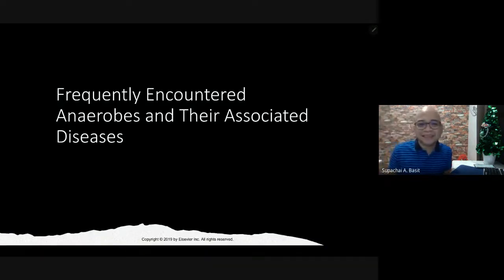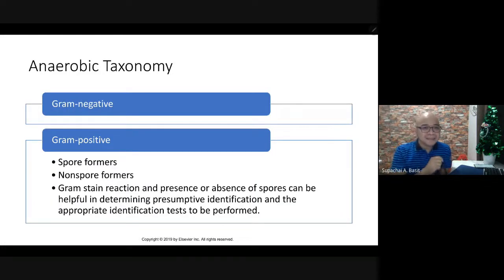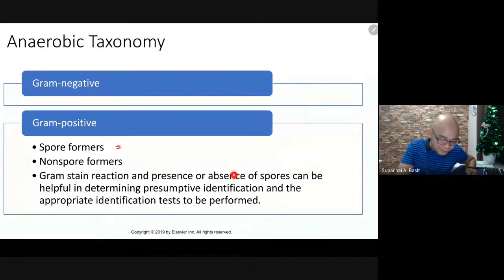Okay, so let us now discuss the frequently encountered anaerobes and their associated diseases. In anaerobic taxonomy, yes, they are both gram-negative and gram-positive. And some of them could be spore formers. So again, when you say spore formers, they have endospores.